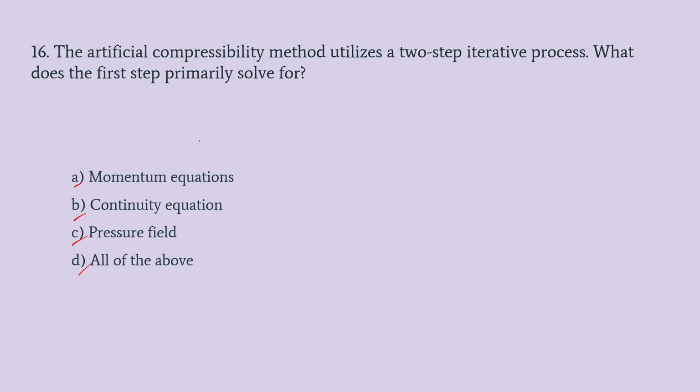As we have already told, we are introducing a new term in continuity equation, that is dou by dou t of rho star plus del dot u is equal to 0.